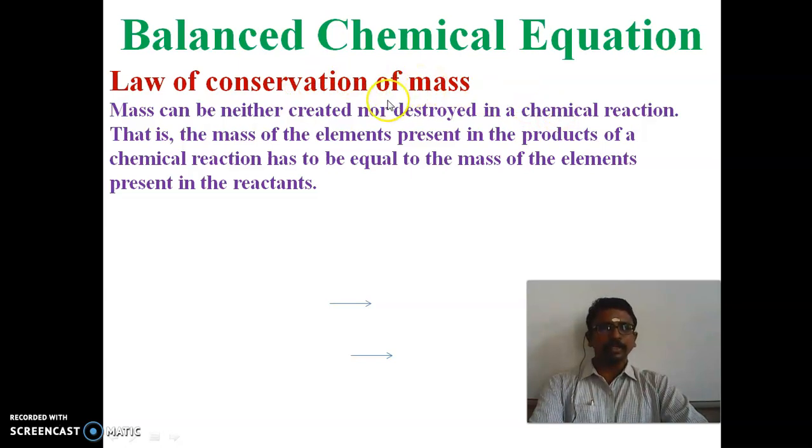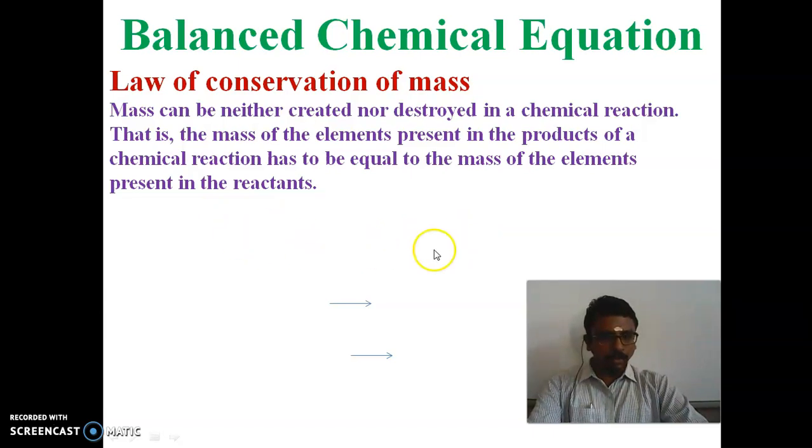That is, the mass of the elements in the product of a chemical reaction has to be equal to the mass of the elements present in the reactant. The mass of the reactant and the mass of the product will be equal.